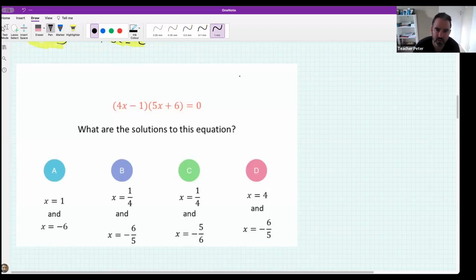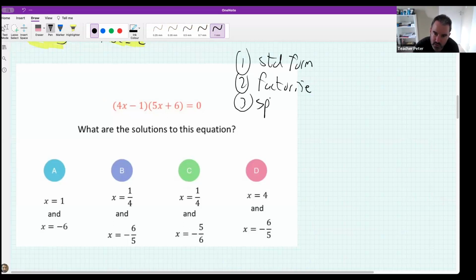So in this one, the standard form has already been done. The factorizing has already been done. What you need to do is the split and the solve step.